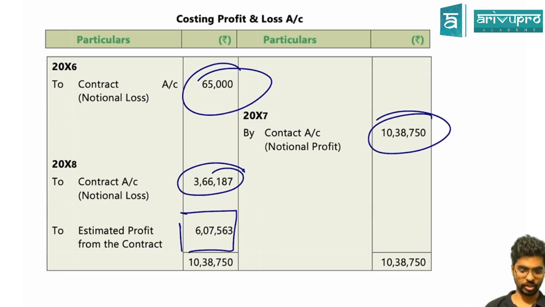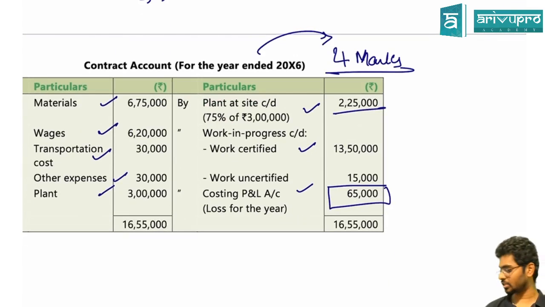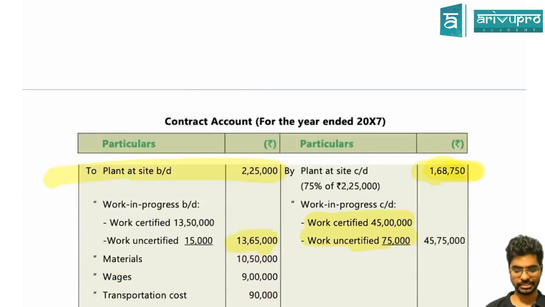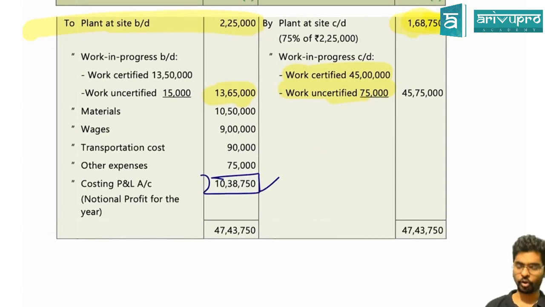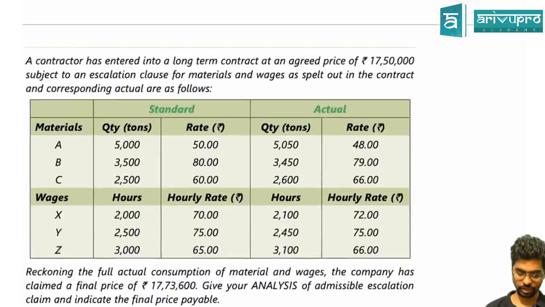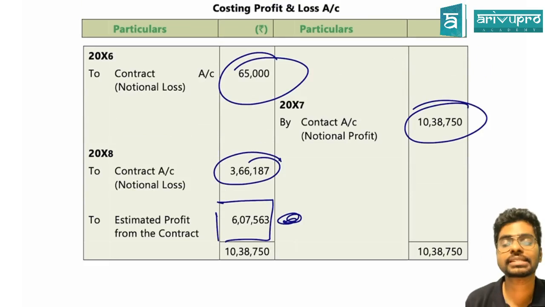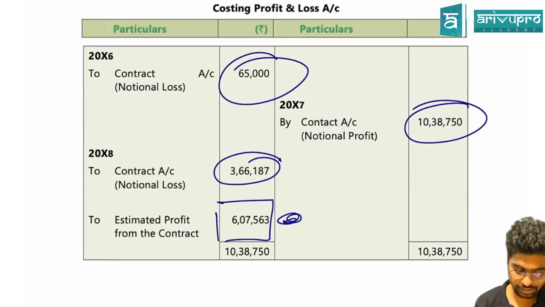First year you made a loss. If you look into it, the loss is on the credit side, so in the P&L account it will come on the debit side. Second year it was a profit. Third year it was a loss. So finally when you club all three put together, I am making a profit of 6057563. Done. 16 marks. A lot of students have made mistakes.